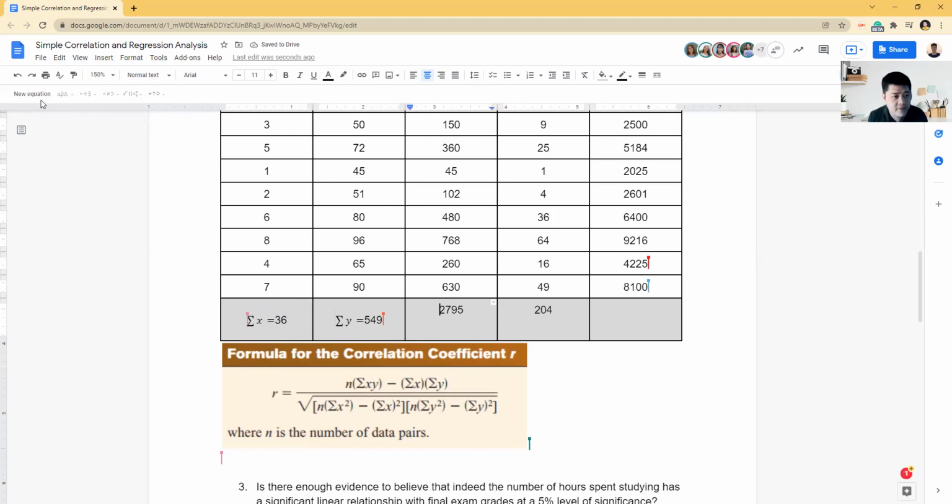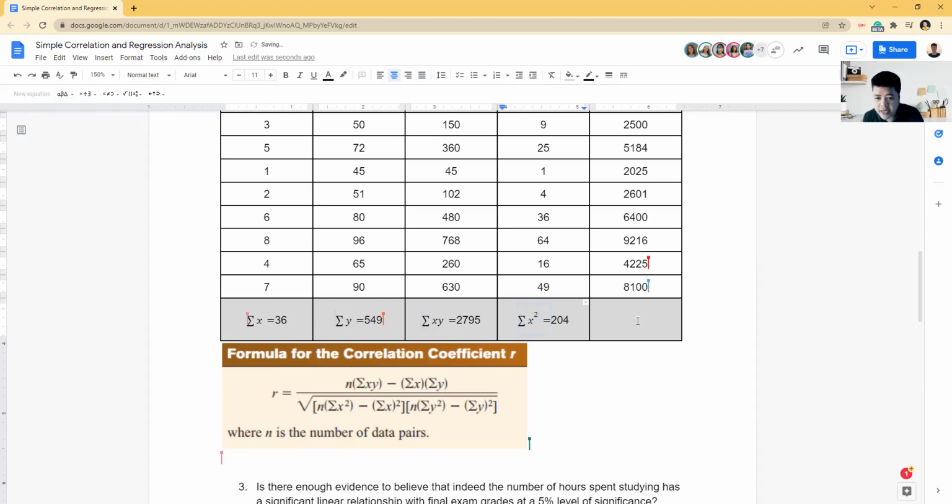The 2795, that is the summation of xy. The 204, that's the summation of x squared.